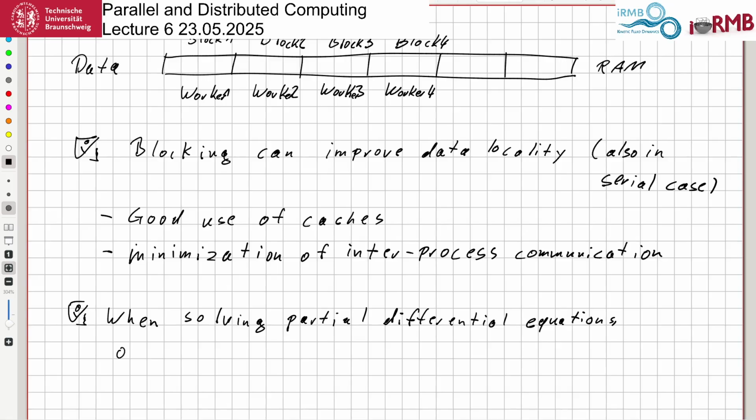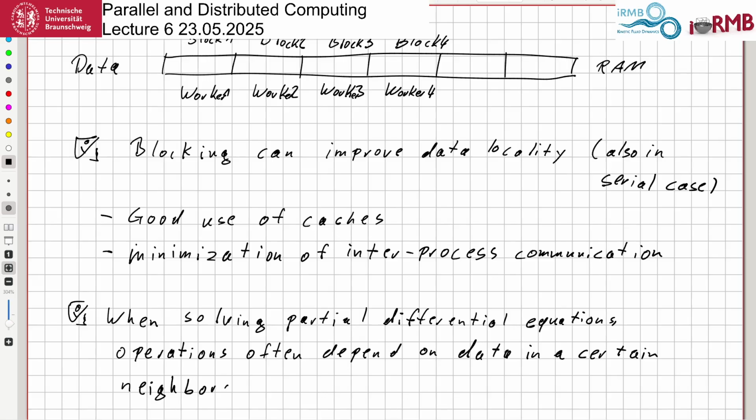Then the operations often depend on data in a certain neighborhood. So, partial differential equations are partial because they use different dimensions.